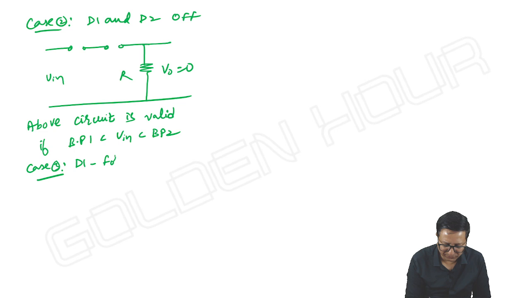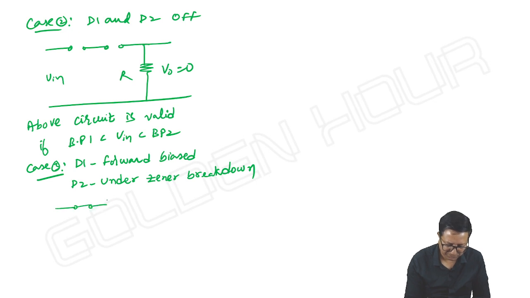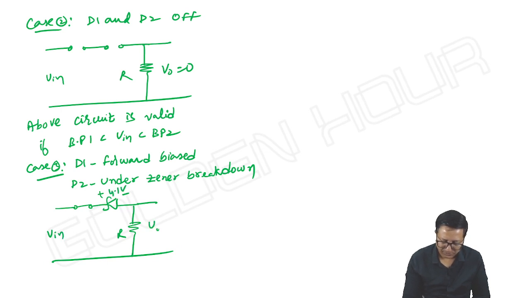D1 is forward biased and D2 is under Zener breakdown, so output is equal to input minus 4.1.